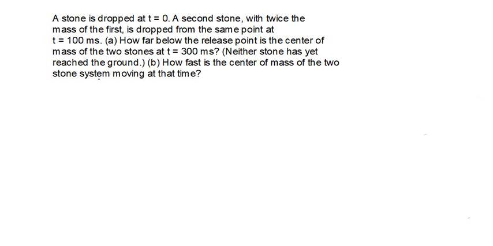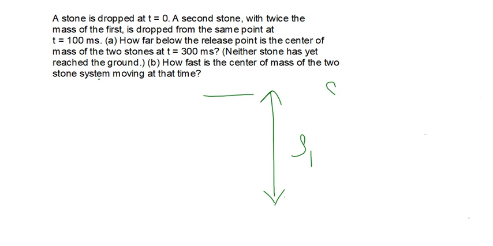Now, let us first locate the center of mass after t equal to 300 milliseconds. For that, we need to know the distance traveled by the first stone in 300 milliseconds. Suppose the stones were dropped from here and stone 1 covers S1 distance in 300 milliseconds.